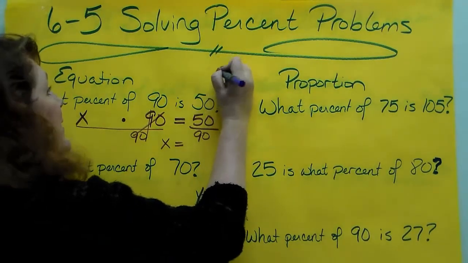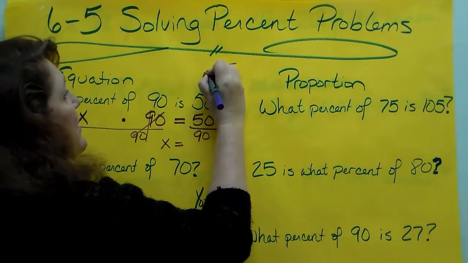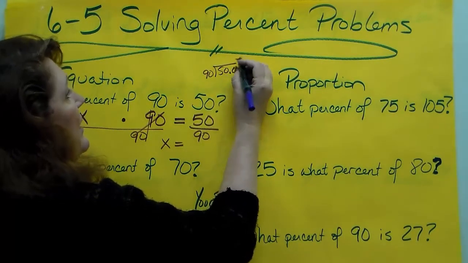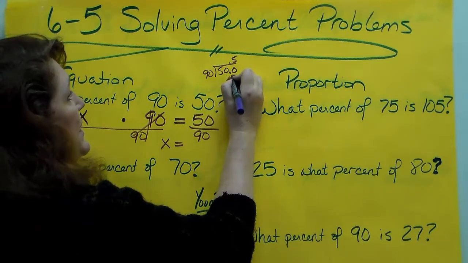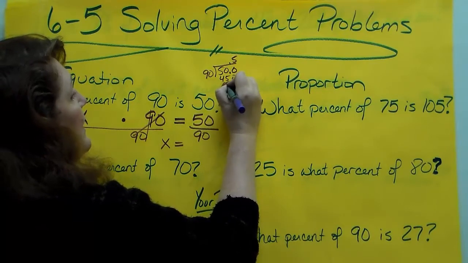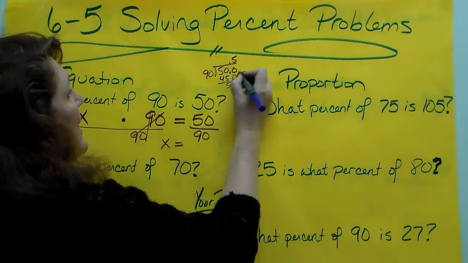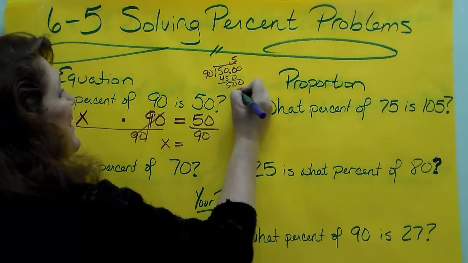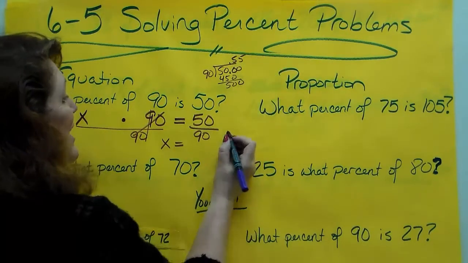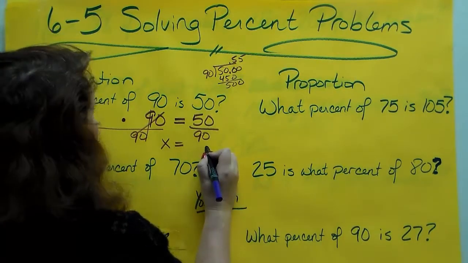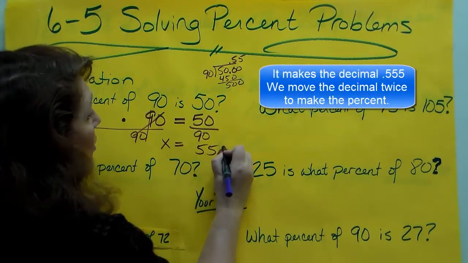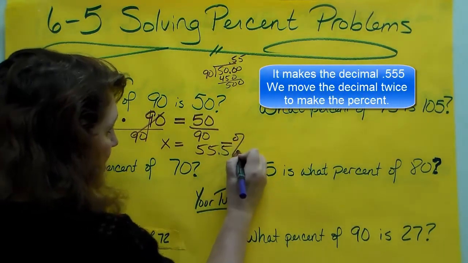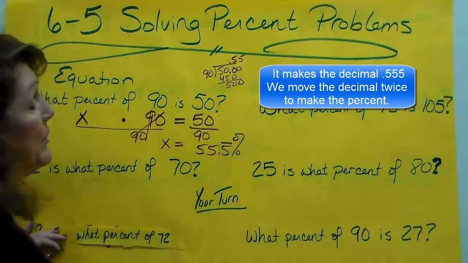I'm going to do a little bit of math. 90 goes into 500 5 times. 450, oh, check this out. I'm going to bring down another 0. 90 goes into 500 5 times. It's going to continue. So this x equals 55.5 bar percent, because this is going to continue being 5s.